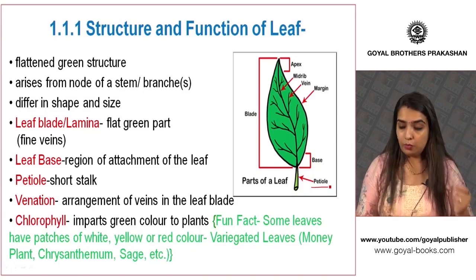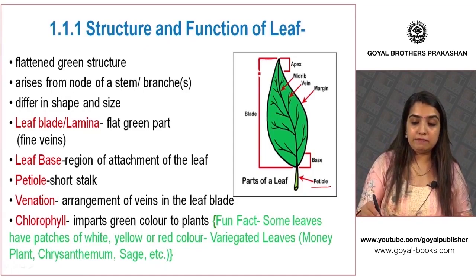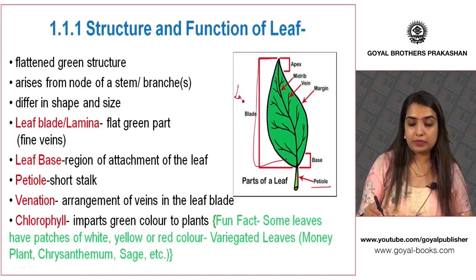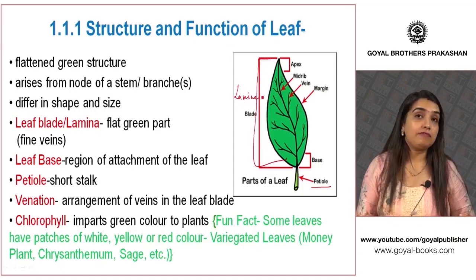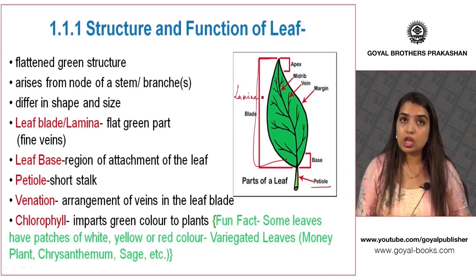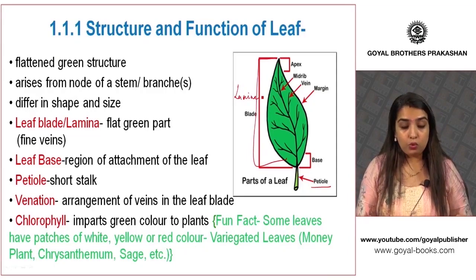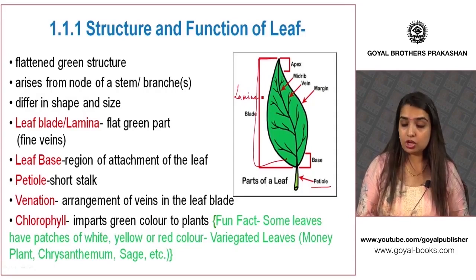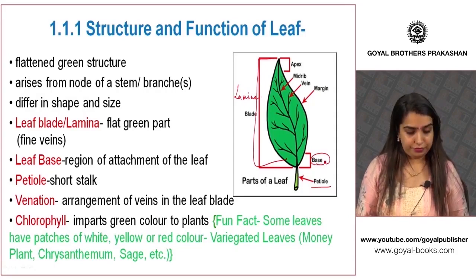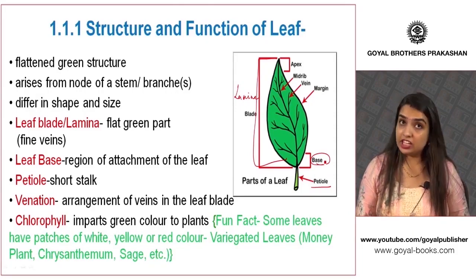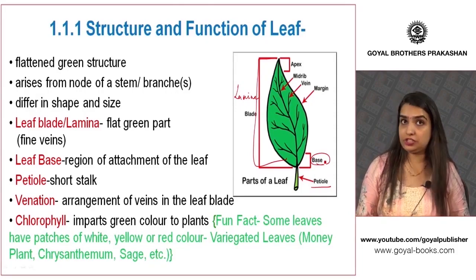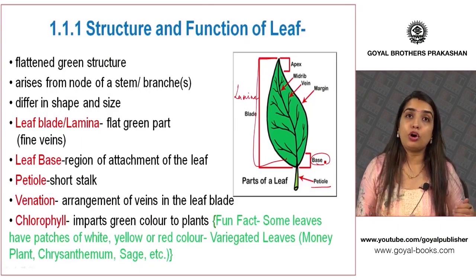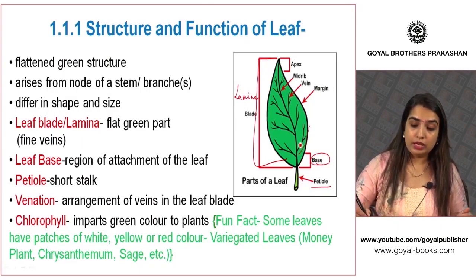Followed by, we have the blade, the leaf blade or the lamina. This is a flat green surface or part. We also have leaf base, which is the region of attachment of the leaf, followed by venation. What is venation? It is the arrangement of veins, the way they are moving here.